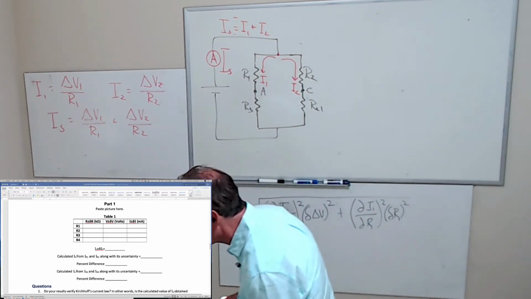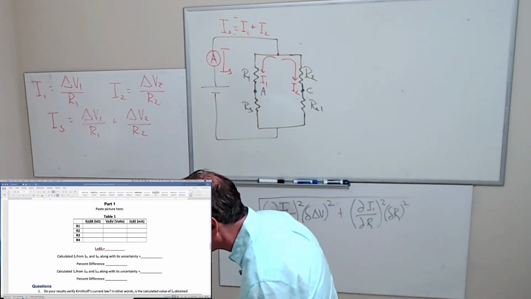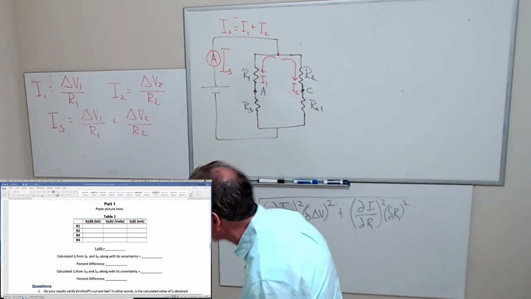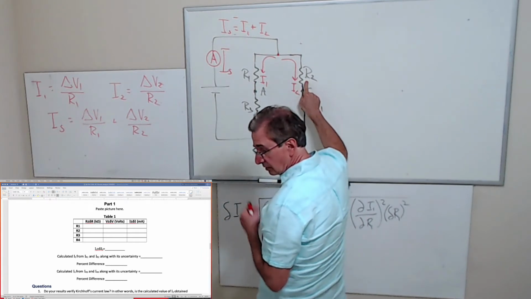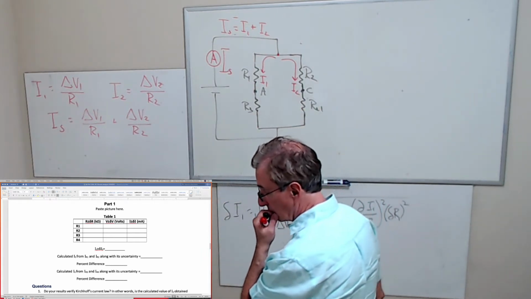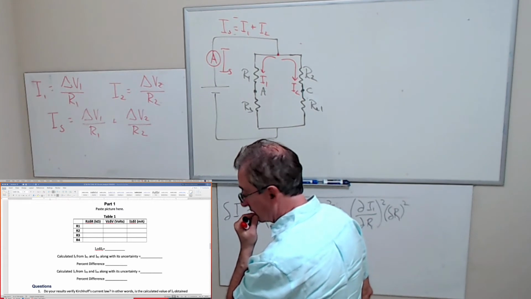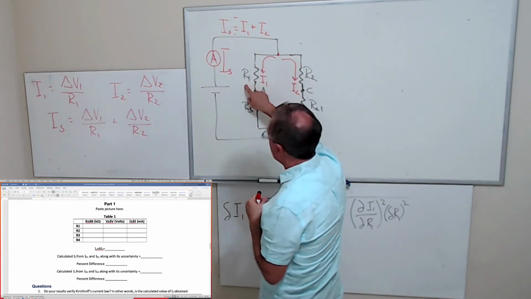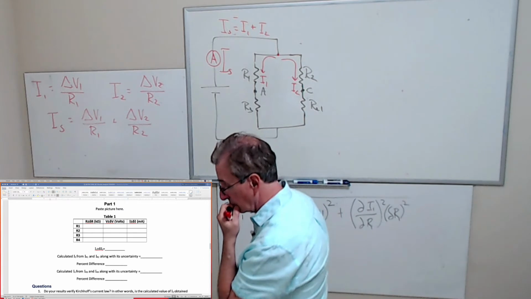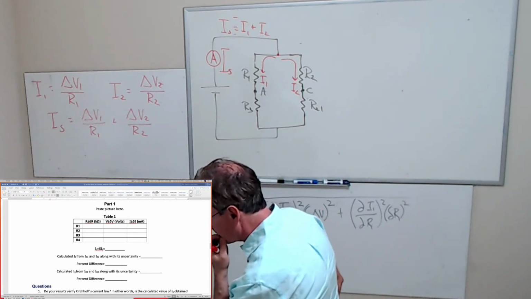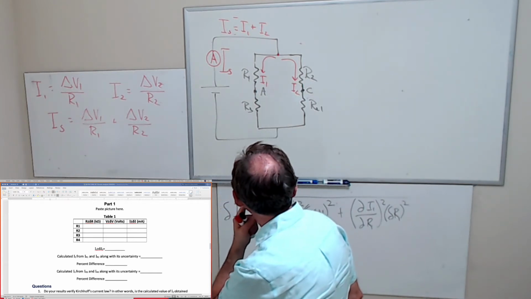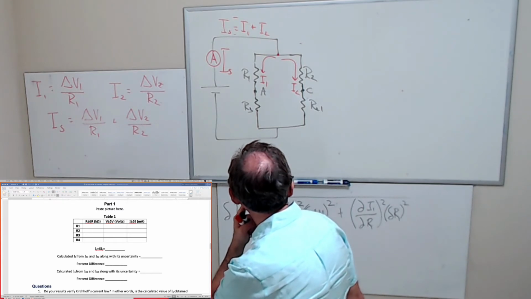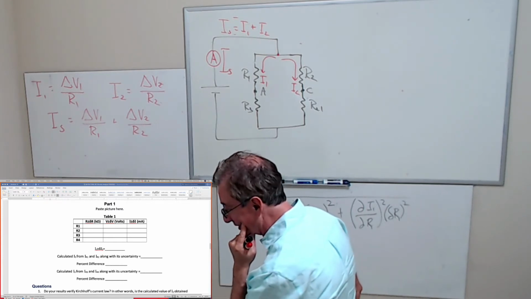I'm looking at your question. For I1, I use this resistance. For I2, I use this resistance. Right? It's this voltage divided by that resistance. Do you see, for some reason I'm not seeing an inconsistency.